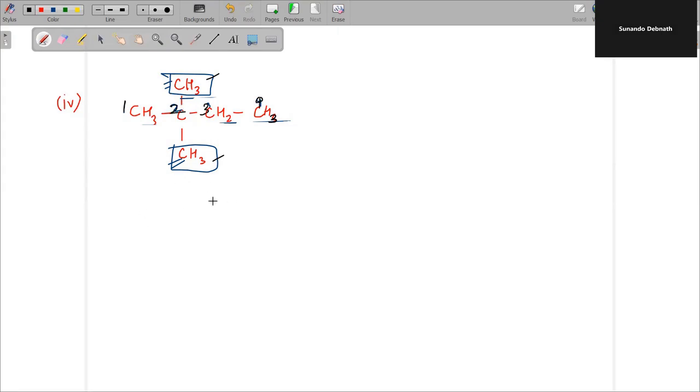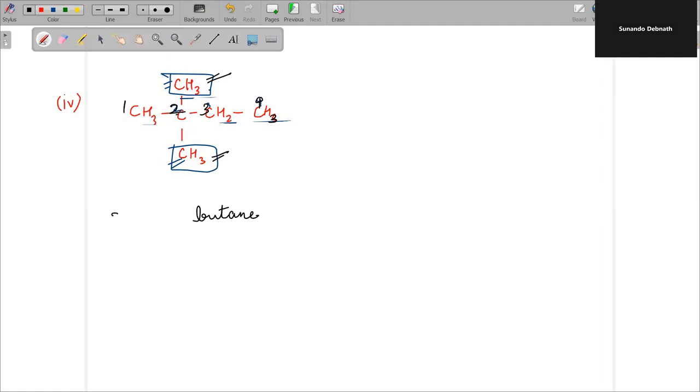And again, in a very simple way, we write the name. What is the base word? 1, 2, 3, 4 carbons in the main chain, so the base word is but. All the carbon atoms have single covalent bonds, so the suffix would go in. Now methyl we have to show, no? 2 methyl groups connected to the number 2.